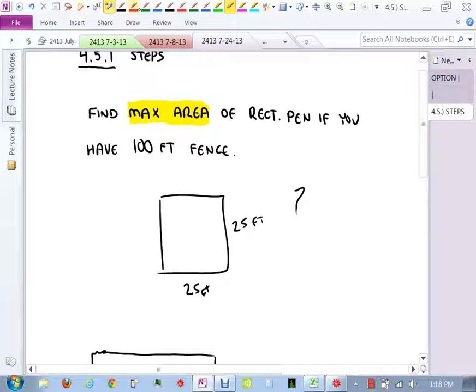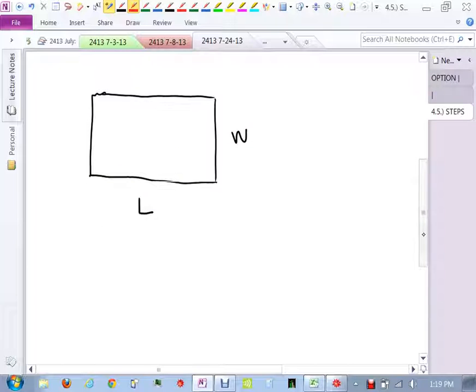So the thing that we want to optimize is the area. Get the most area possible. So come back down to my picture. Do you have an equation that relates that rectangle to area? Length times width.